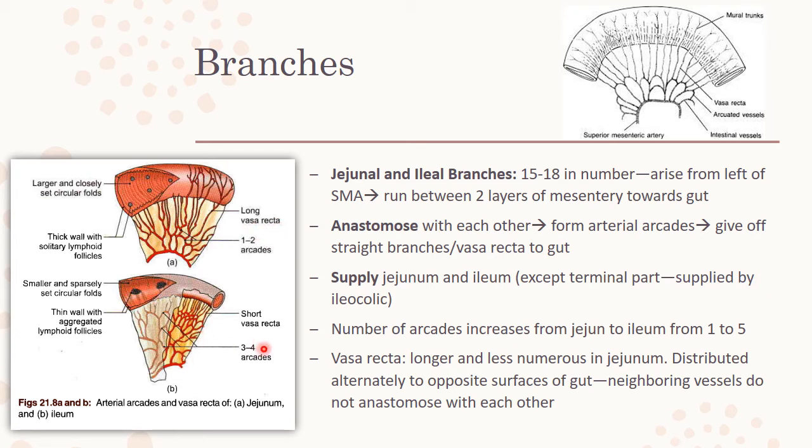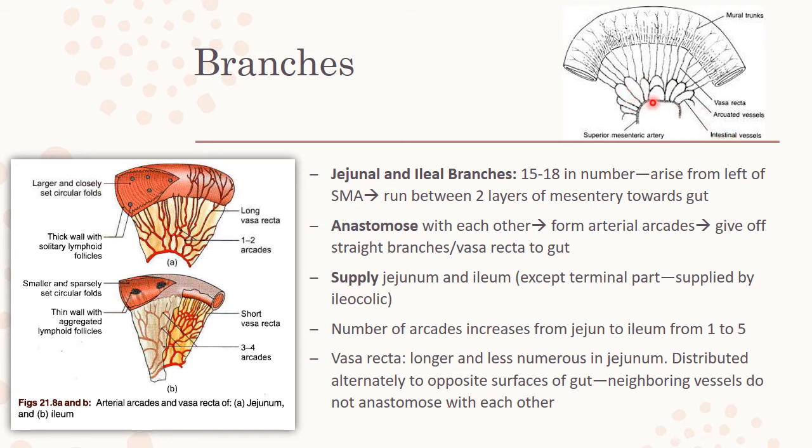And as you can see, in the jejunum we have 1 to 2 arcades and long vasa recta, whereas in the ileum we have a larger number of arcades, which may be 3 to 4 or even 5, and the vasa recta over here are relatively shorter and more numerous.